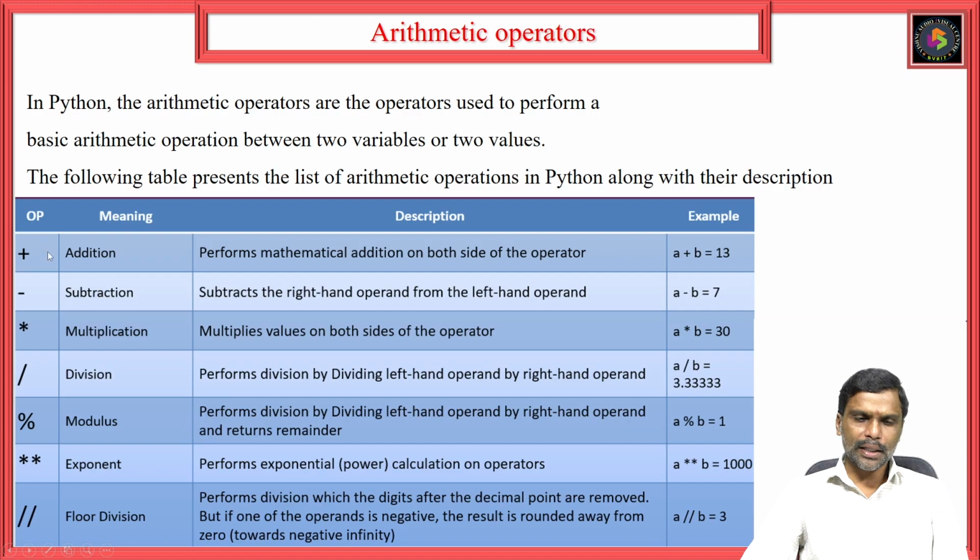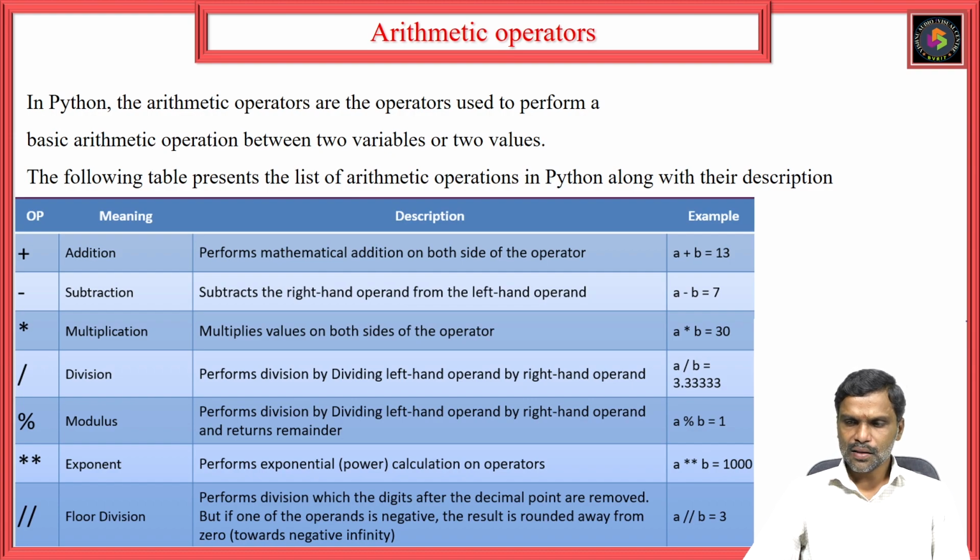Plus, here the operator symbol I have given is plus. The meaning is addition, and the description is: it performs mathematical addition on both sides of the operator. For example, let us see a plus b. Here, as in the previous case, a is equal to 10, b is equal to 3.